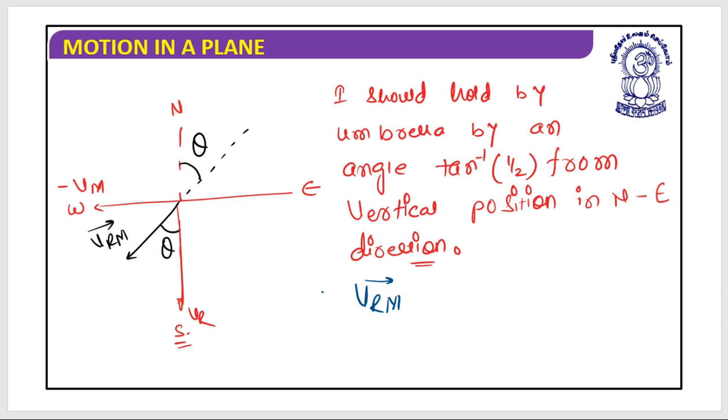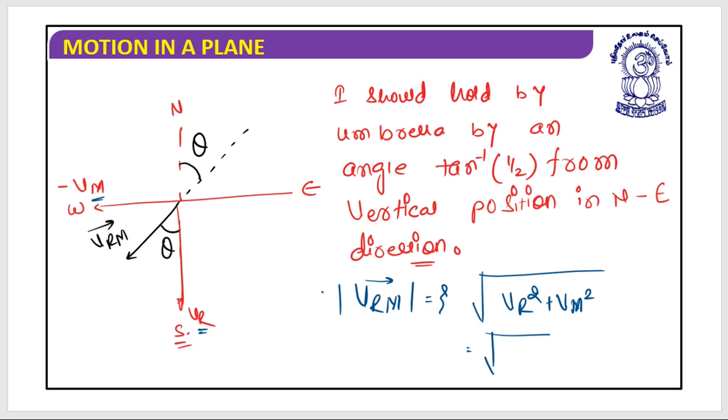Now, magnitude, velocity of rain with respect to man. As you can see, Vr and minus Vm both are perpendicular to each other. And when these two are perpendicular to each other, what I need to write? I need to simply add it something like this. It's Vr square plus Vm square.